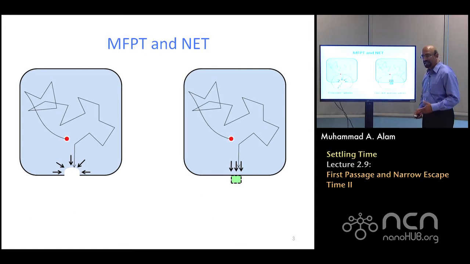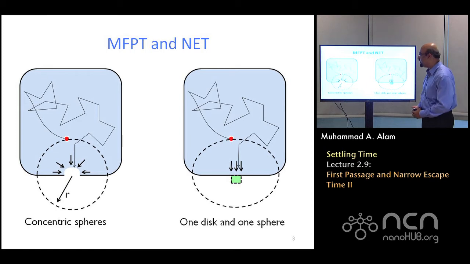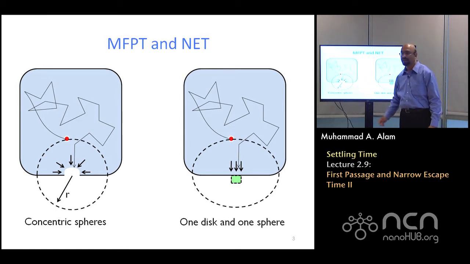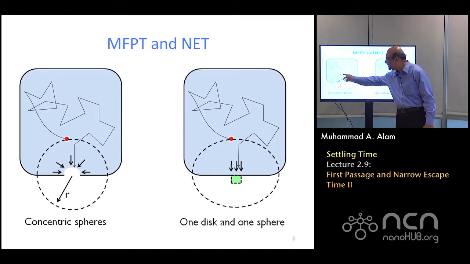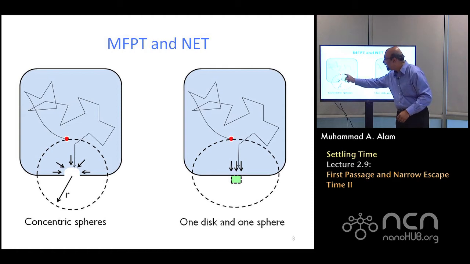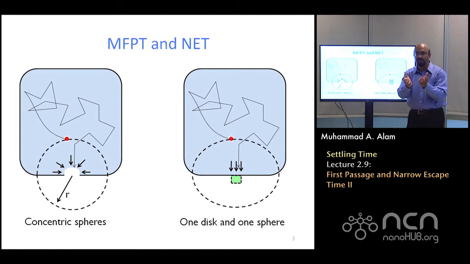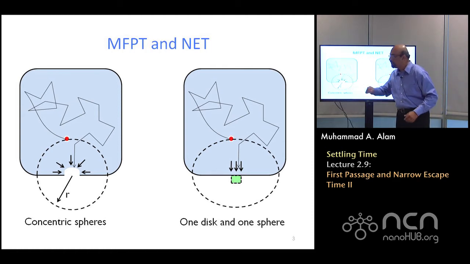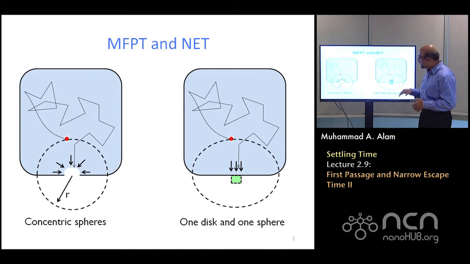Now, the key idea in both cases is that we'll have to calculate the diffusion equivalent capacitance. And the diffusion equivalent capacitance in this structure will involve the small sphere, which is the escape gate or escape hatch, and a bigger sphere which contains the biomolecule. On the other hand, here we'll again have a diffusion equivalent capacitance.